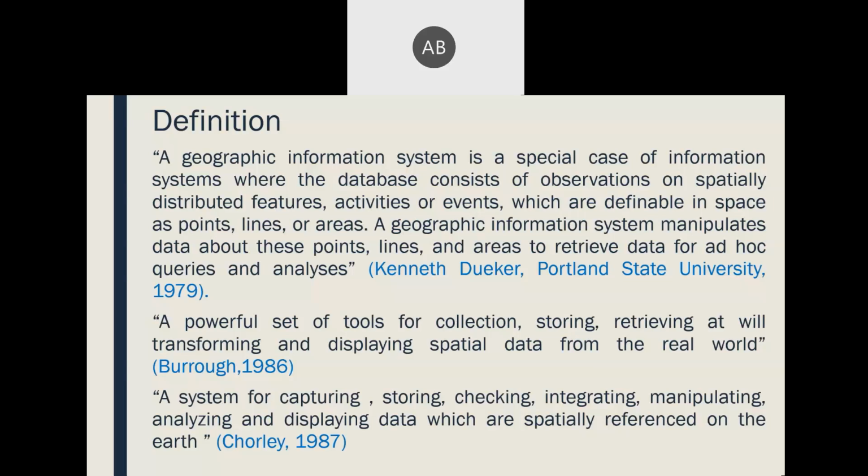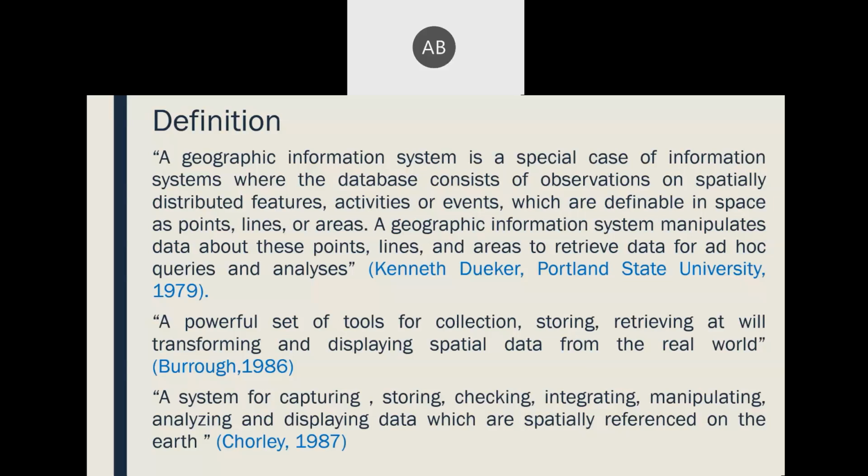So it is ultimately a powerful set of tools. He is emphasizing that the collection of data is also a part of GIS. It says collection, storing, and retrieving. So these are the three things. Collection means you collect data, secondary data or primary data, and then you feed it to the system. Then you have to store the data.